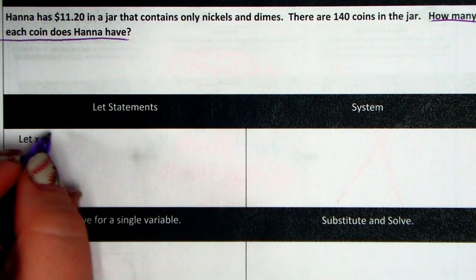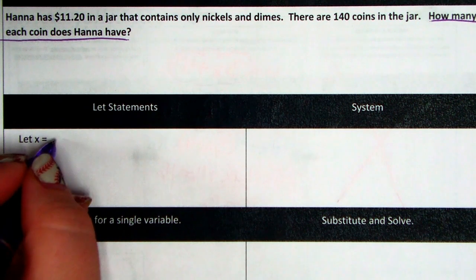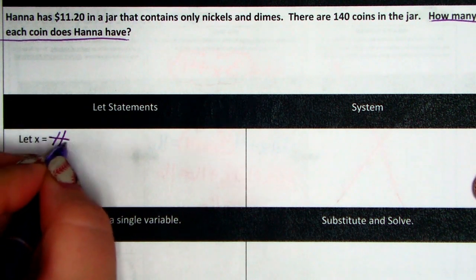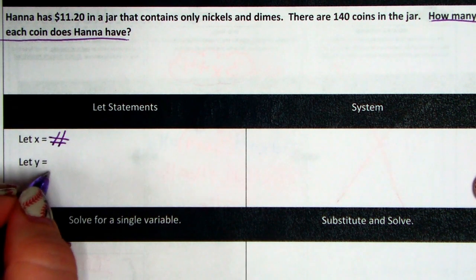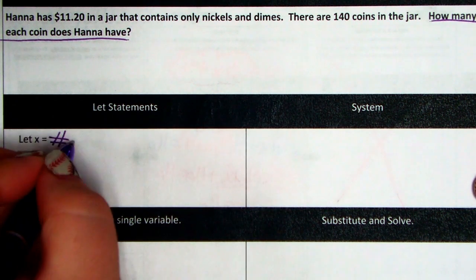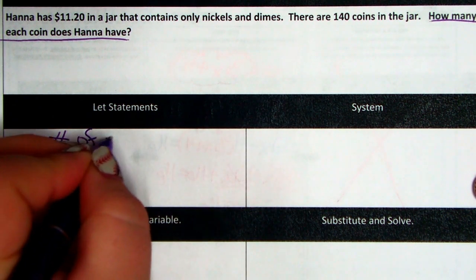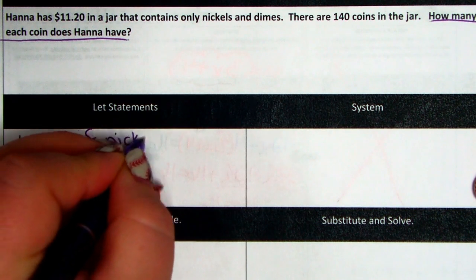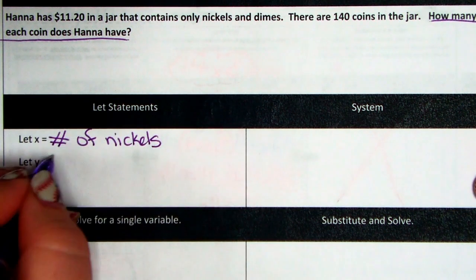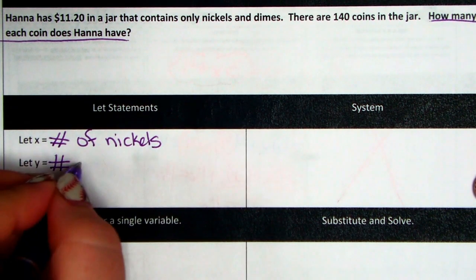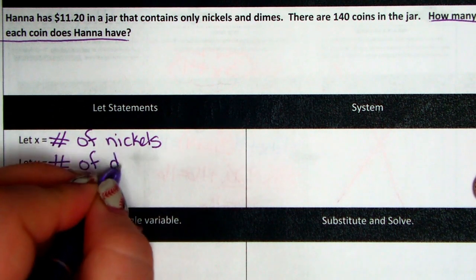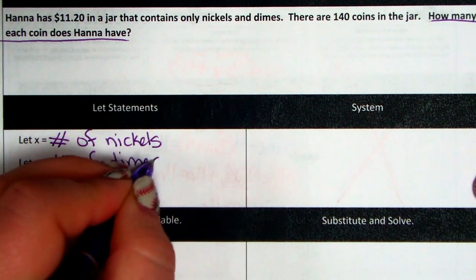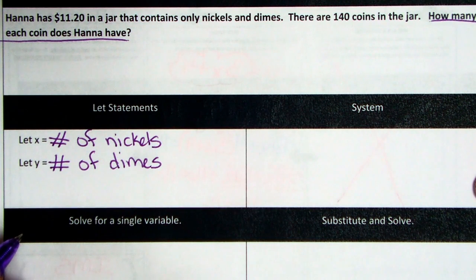So our let statements, one of them will be the number of nickels and one of them will be the number of dimes. It doesn't matter which one you pick as long as you label it. And because it doesn't matter which one you pick, it makes it even more important that you do label it, or I won't know if your equations are set up properly.